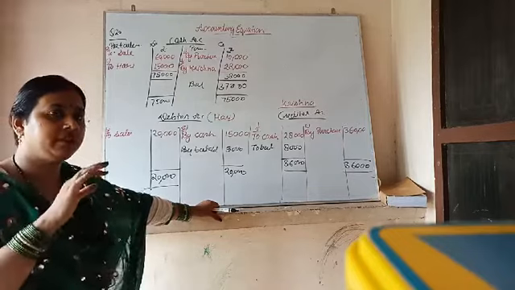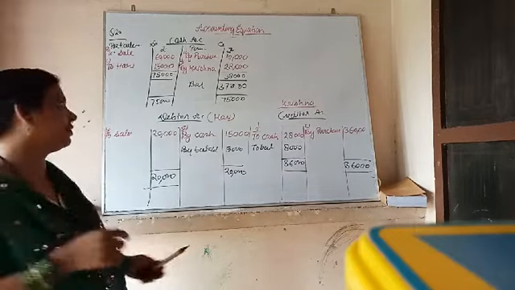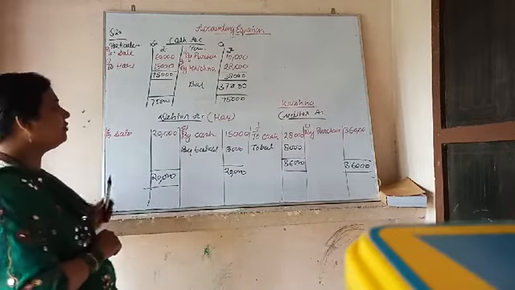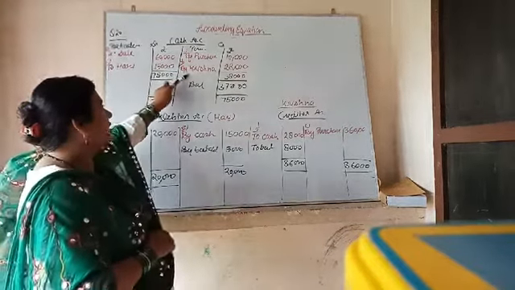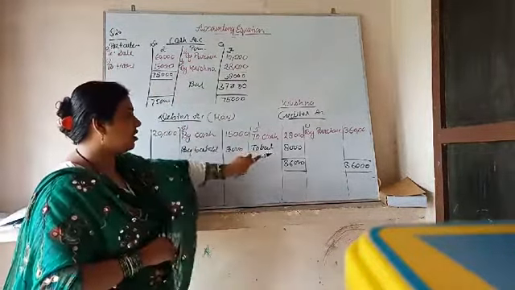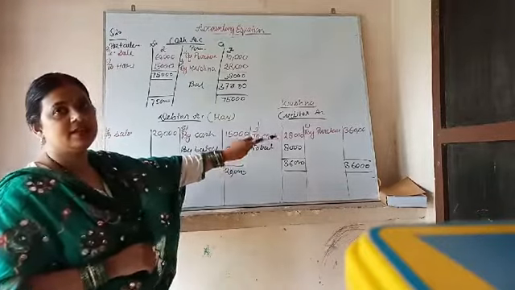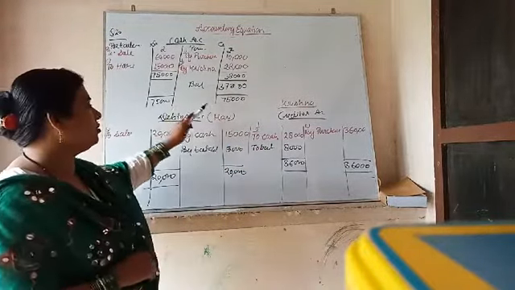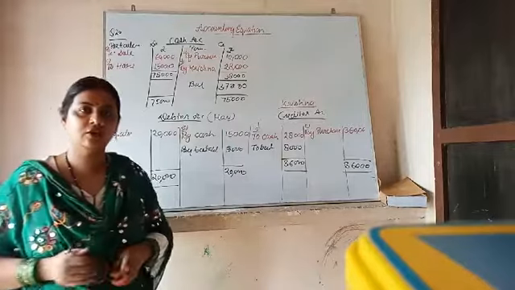One account is debited and the other is credited. Similarly, when we paid cash to Krishna, the cash account is credited and the Krishna account is debited by the same amount. So this is how we have solved the question. Thank you.